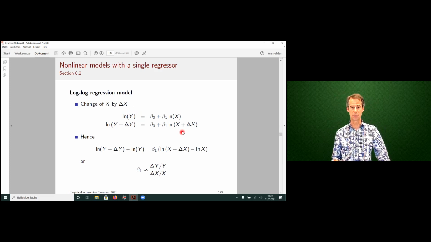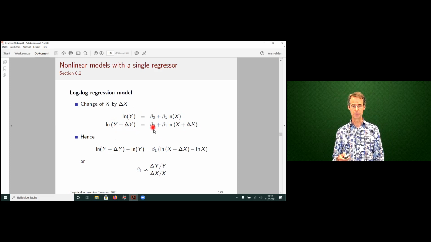We change x from x to x plus delta x, and we expect y to change as well by delta y, and we want to know what is delta y. Okay. We again subtract the first equation from the second. So on the left-hand side, as before, we have the log difference in y.